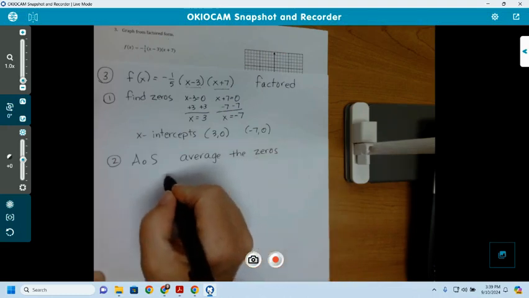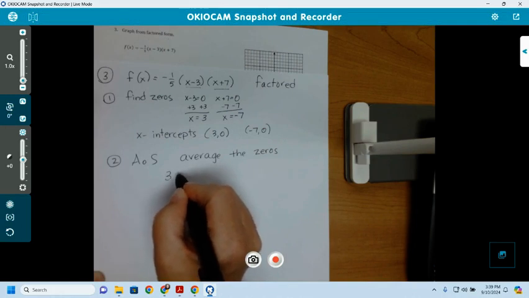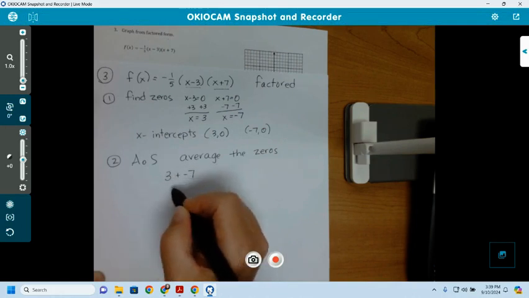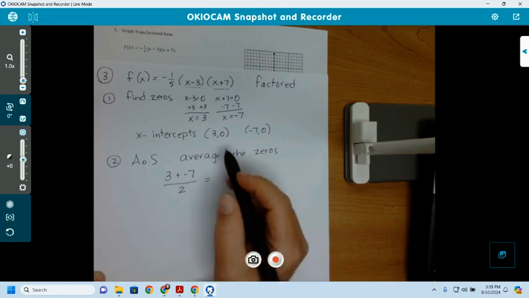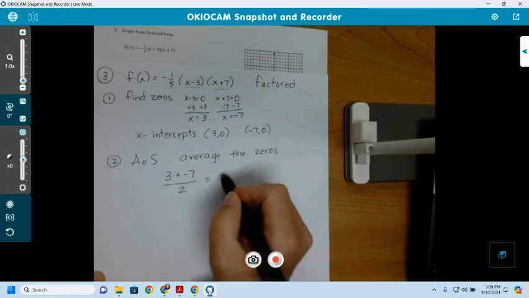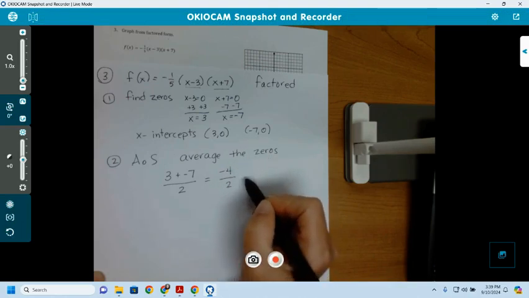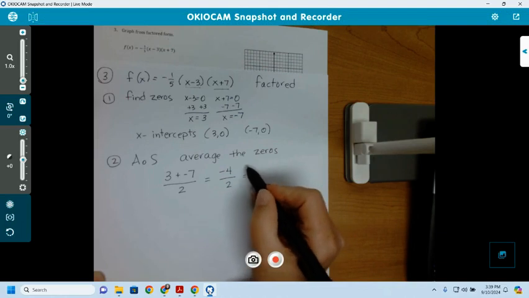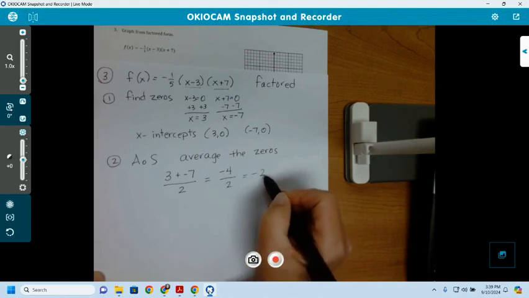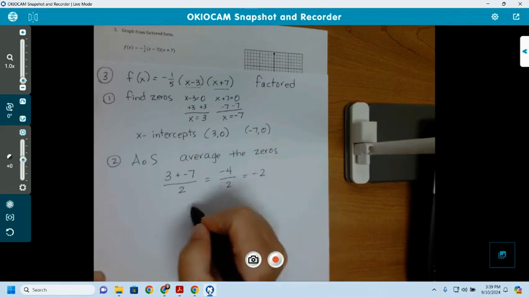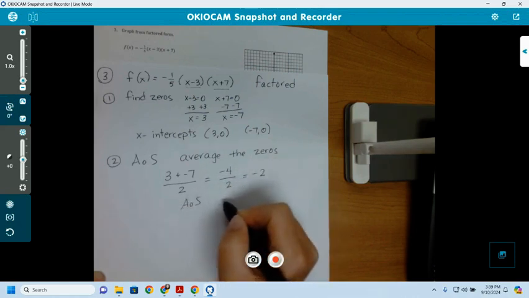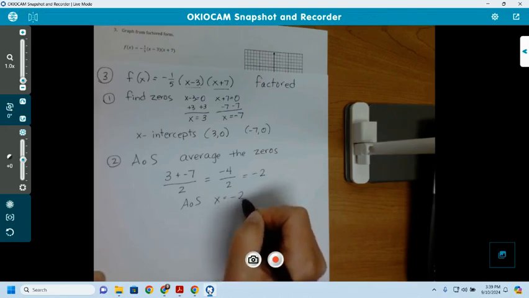To average the zeros, we add them together. 3 plus negative 7, and we divide it by 2. So 3 plus negative 7 is negative 4, divided by 2. Negative 4 divided by 2 is negative 2. So that means our axis of symmetry, or x, equals minus 2.